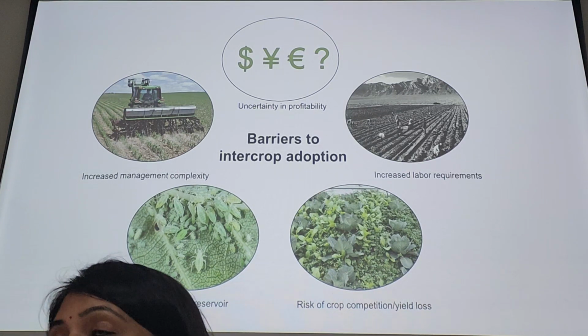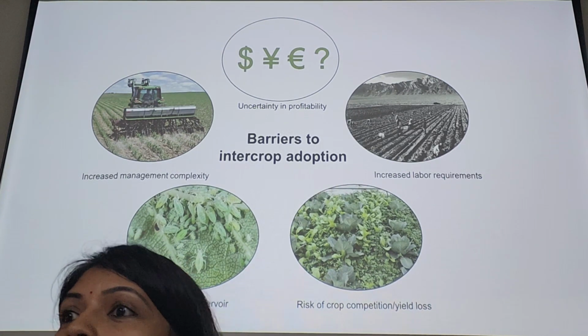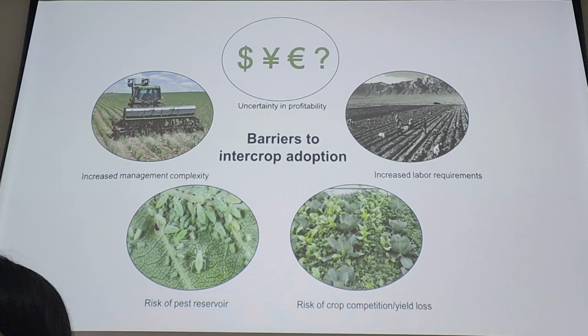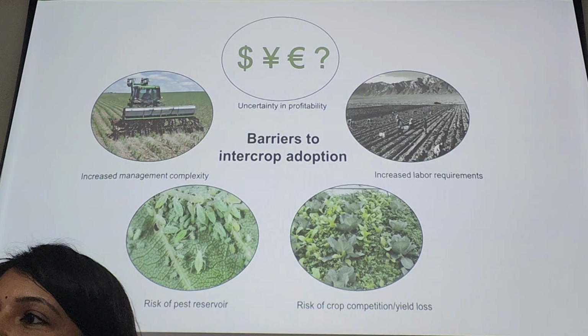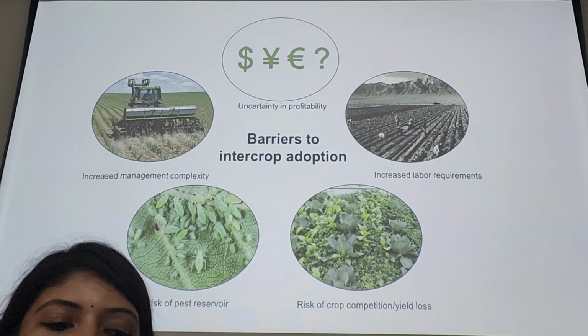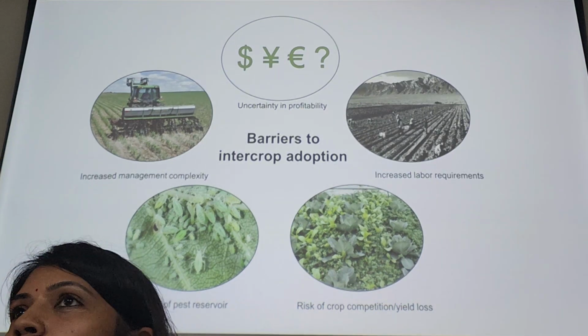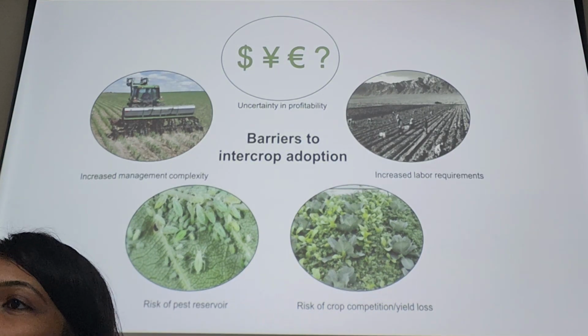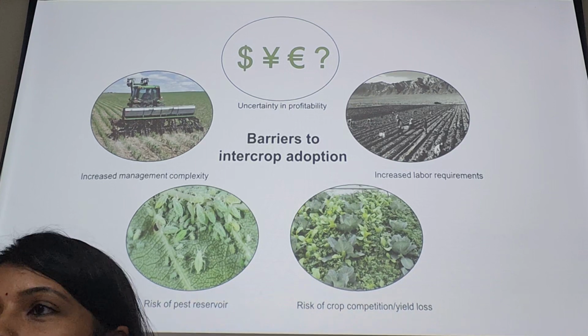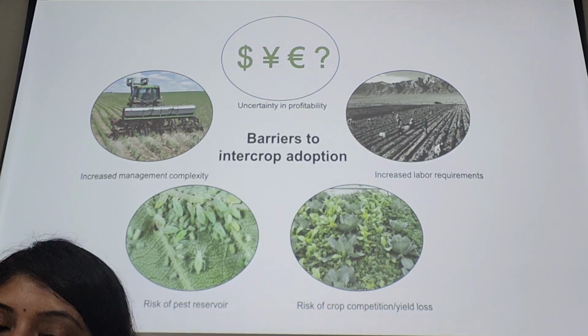Some may be fruiting above ground, some may be producing nuts, or the nitrogen fixing ones are usually legumes beneath the ground. So it requires different management systems. Therefore, when you have different complexity of management towards the crop, of course, indirectly it increases your labor requirements.